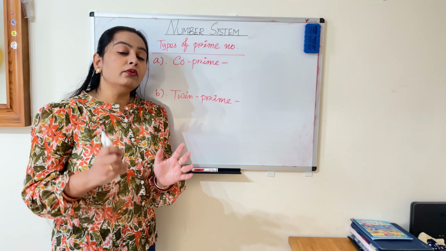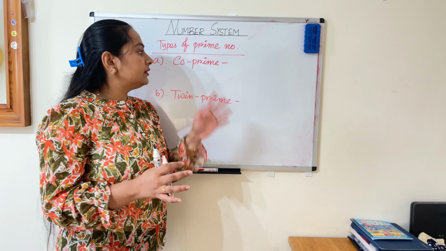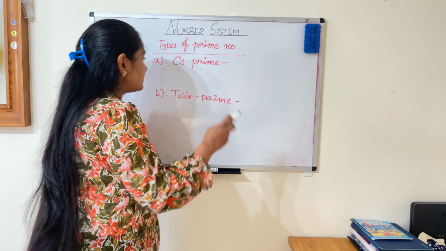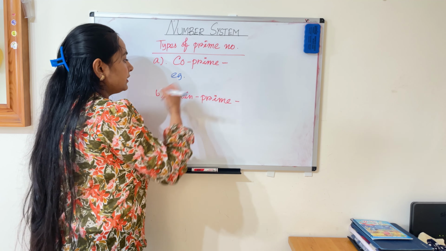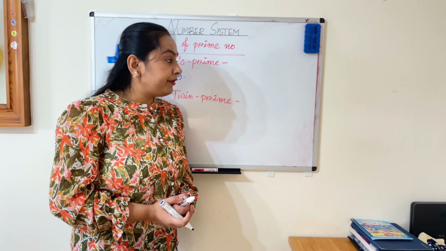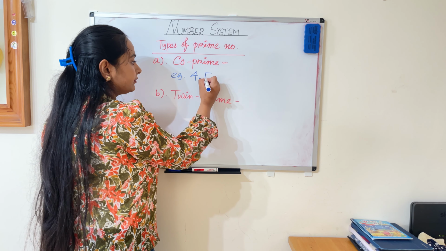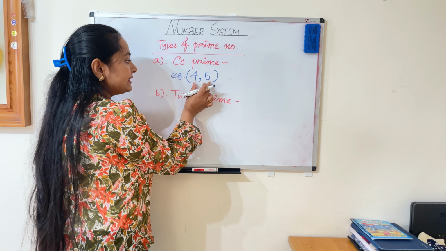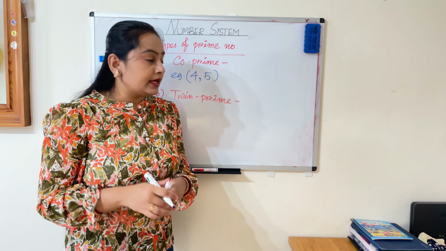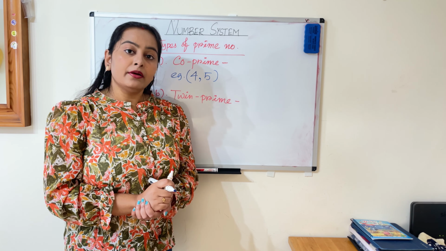Suppose I am giving you one example and then write the definition of it. Let's first take the example: 4 and 5. This set of numbers is known as co-prime numbers. Why?